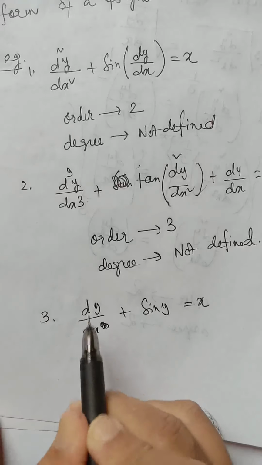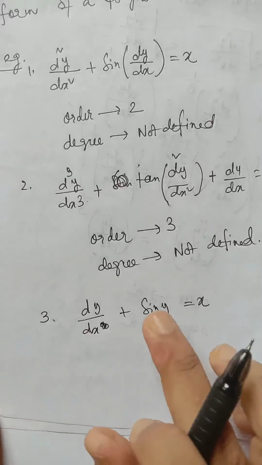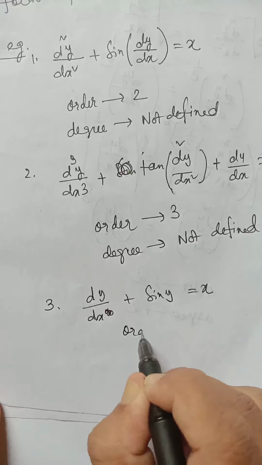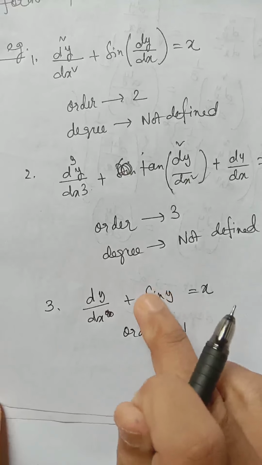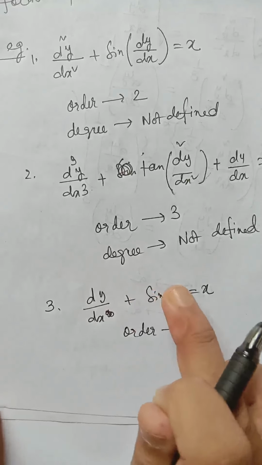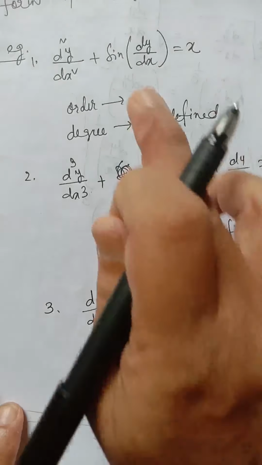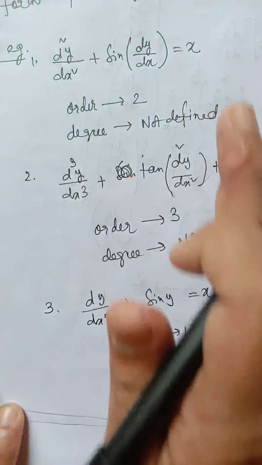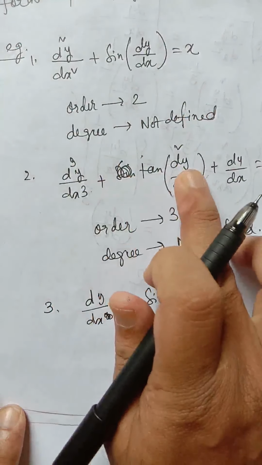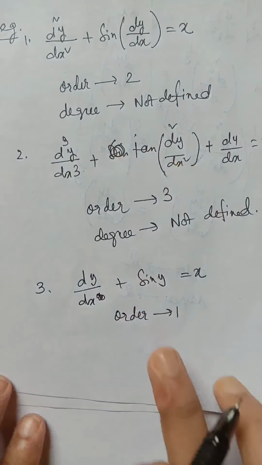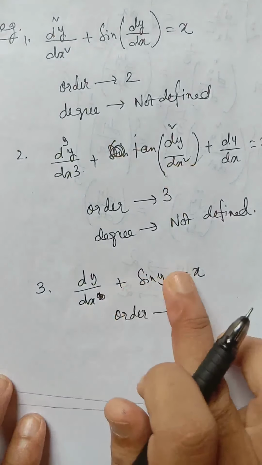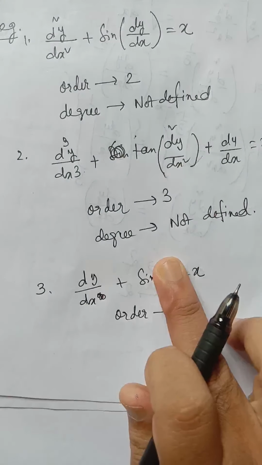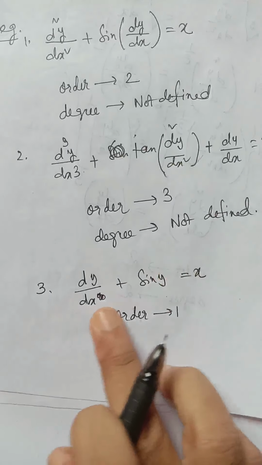But here dy by dx plus sin y equal to x, we can consider this as a differential equation. Its order will be 1 and degree also will be 1, because sin of any differential coefficient is not a polynomial function in terms of derivatives, but sin of y does not contain any differential coefficient, and therefore its degree will be defined.